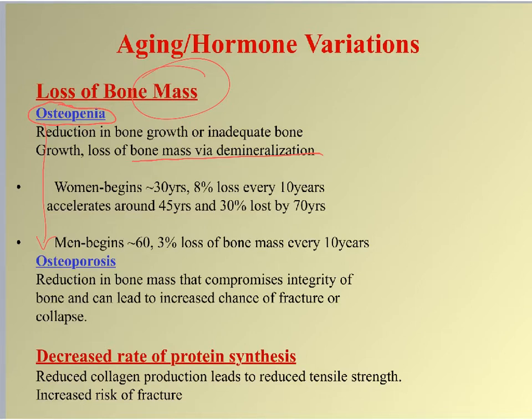And then that accelerates at 45, and by the time you're 70 you'll have lost 30% of your bone mass. So at 70 your bones are 30% less dense than they were.